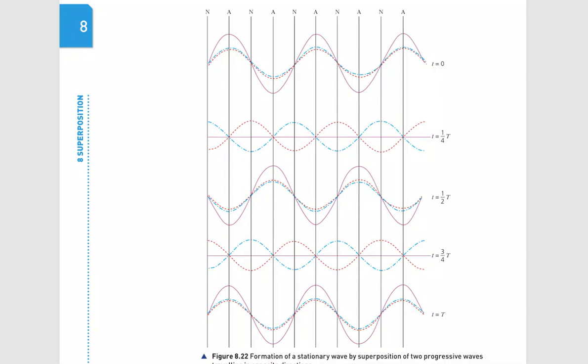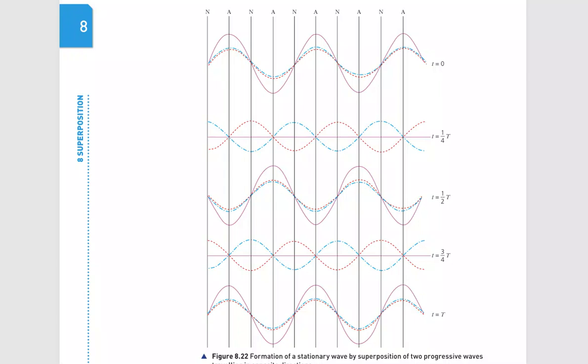At the quarter period, the incoming wave and the reflected wave overlap, but not in the same phase, where the crest doesn't meet the crest but meets a trough. And what is the result of the superposition of crest meeting trough? It's zero amplitude, zero displacement. So you can see the red line here is straight.